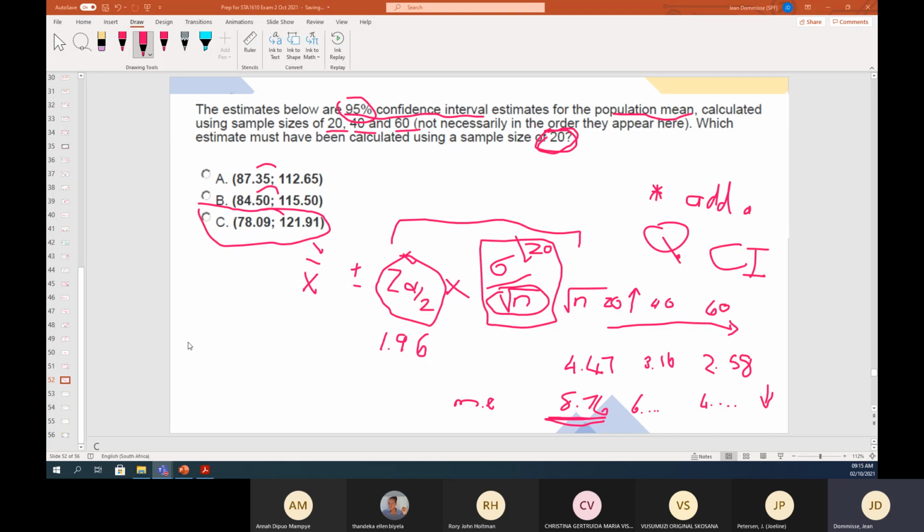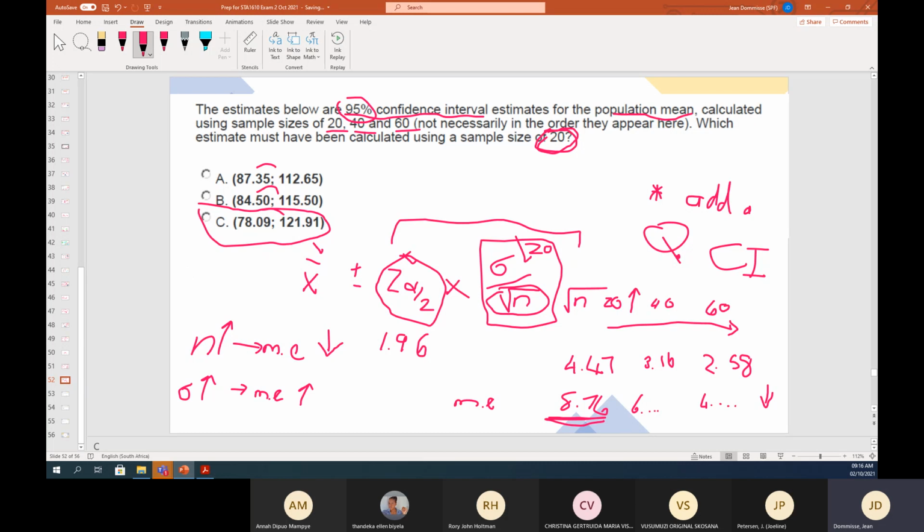So as n increases, that means your margin of error decreases. The opposite will be the case if your standard deviation increases and n stays the same, your margin of error will increase.